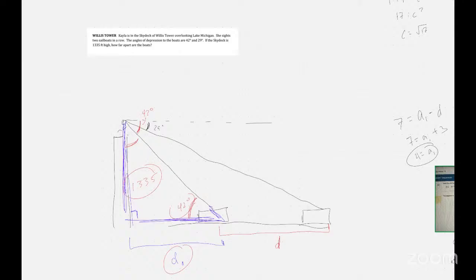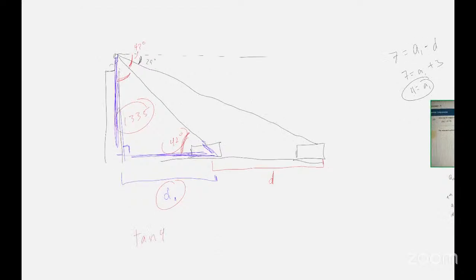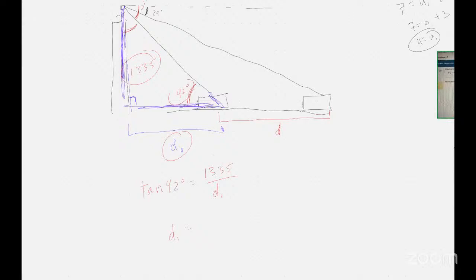So the tangent of 42 equals the opposite, 1335, over adjacent, right? So D sub 1 equals, if I multiply this over, then I would divide over the tangent. D sub 1 equals 1335 divided by the tangent of 42.